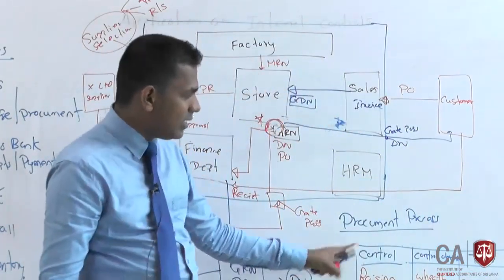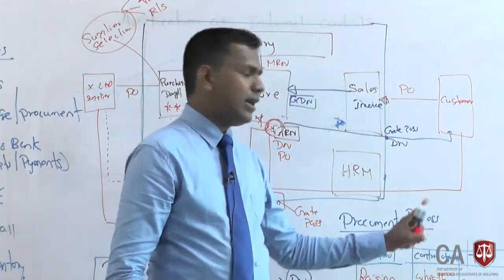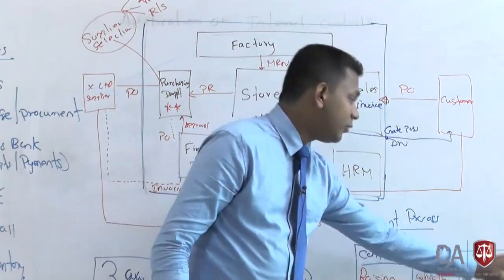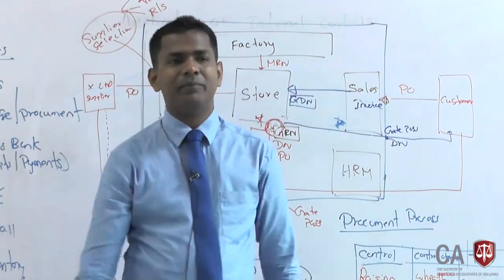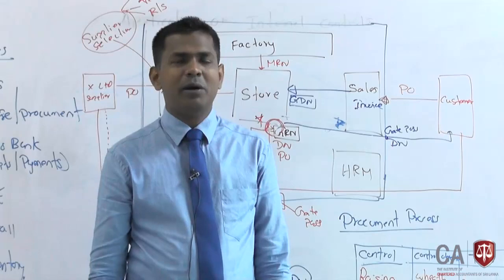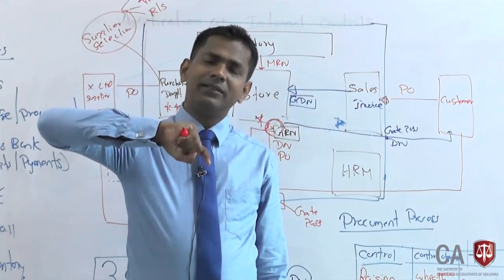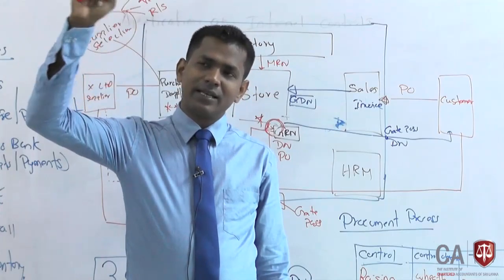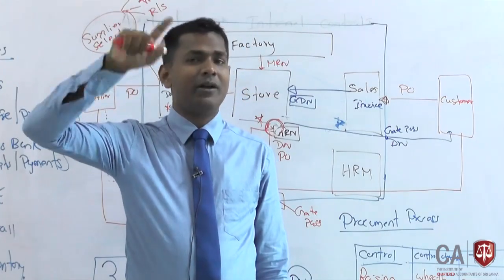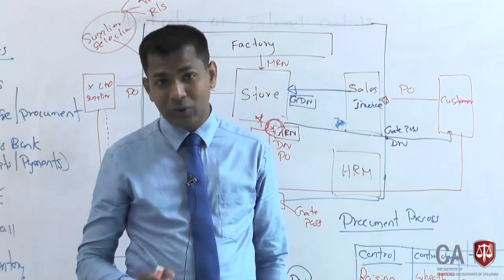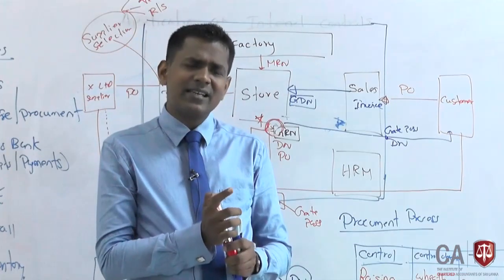One is control, second is control objective, third is test of control, fourth is assertion. Now you may be thinking, why does assertion come in here? We discussed assertions in audit evidence and audit planning, and I even discussed them in detail with you.